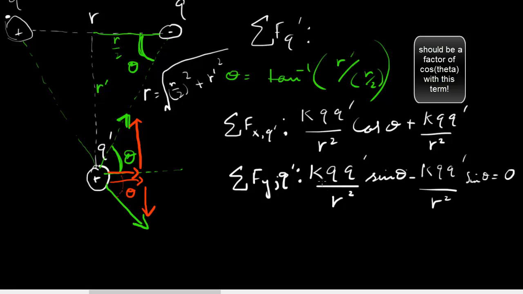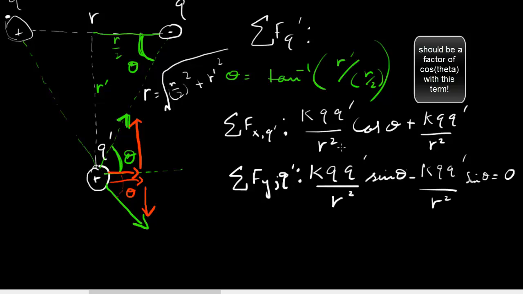Notice that we didn't care about the sign of the charges. We figured out the direction of the vectors first, and then, depending on where the vectors are pointing, we decided on our signs. That's why both this component and this component are pointing in the same direction and have the same sign.